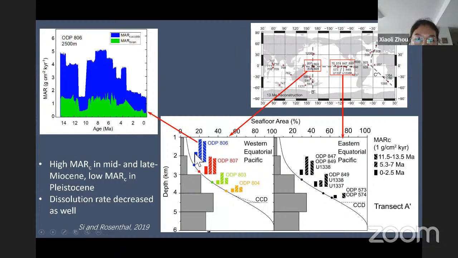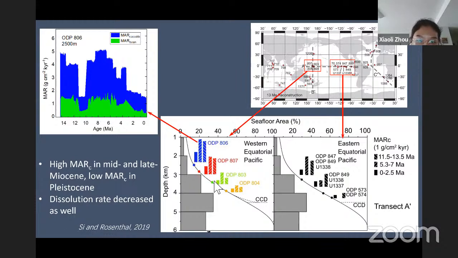And we also observe a sign of dissolution along the depths. So the MAR gets lower and lower at the deeper sites. And also we observe stronger dissolution in the Miocene. For example, when we compare the record from 806 and 804, we see that the MAR at 804 is almost 1/3 of that at 806.